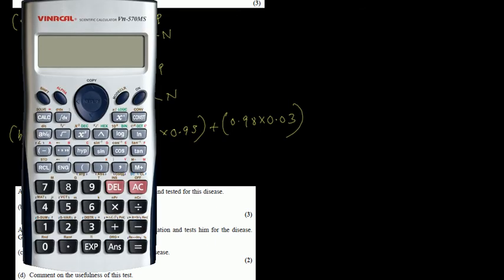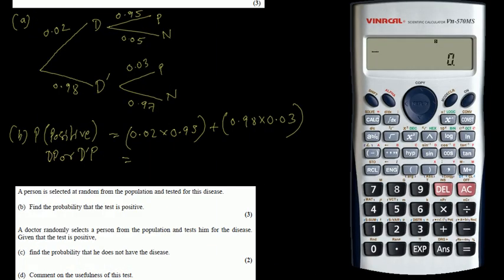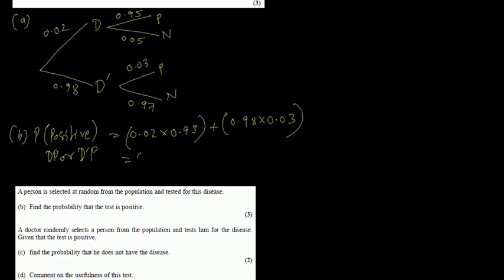So D prime and P. So D and P is 0.02 times 0.95, or D prime and P is 0.98 times 0.03. So the calculation would be 0.02 times 0.95 plus 0.98 times 0.03. So this is 0.0484.